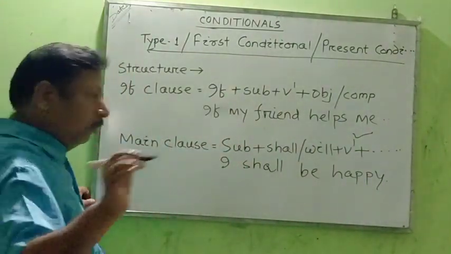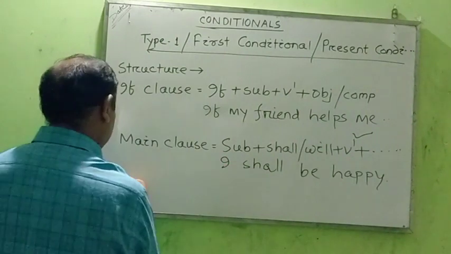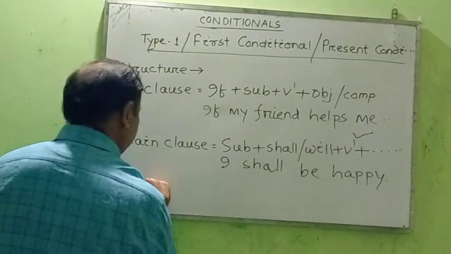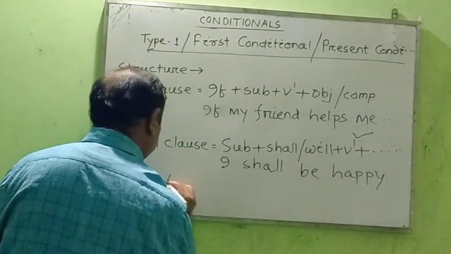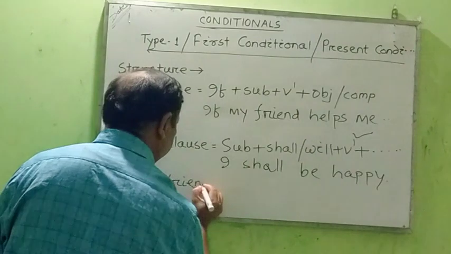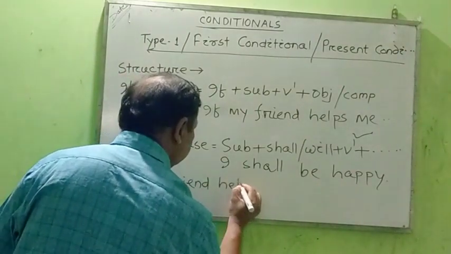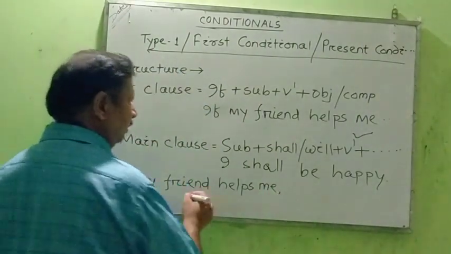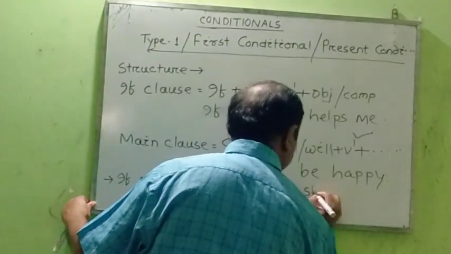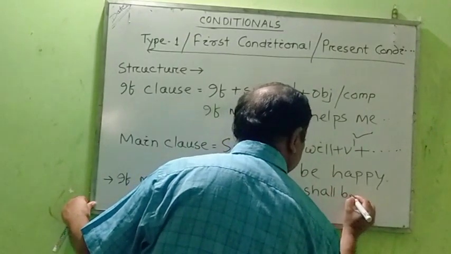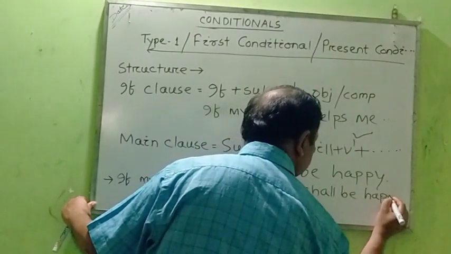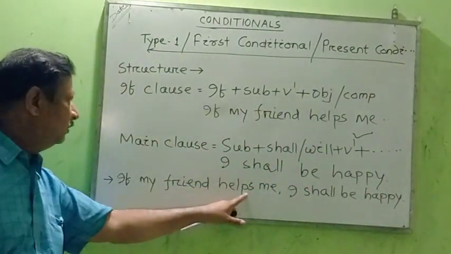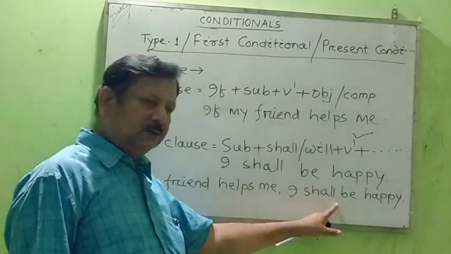See, the full structure of the sentence is: if my friend helps me, I shall be happy. See, this is the if clause and this is the main clause.